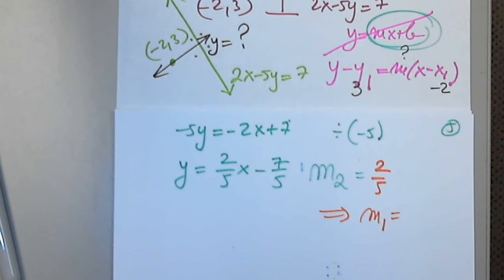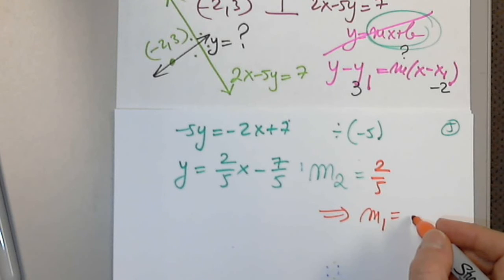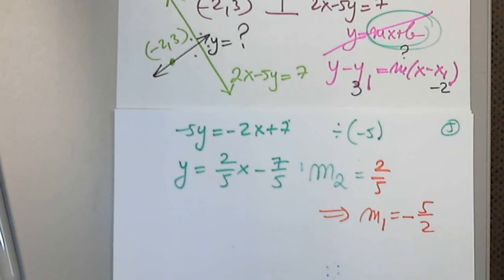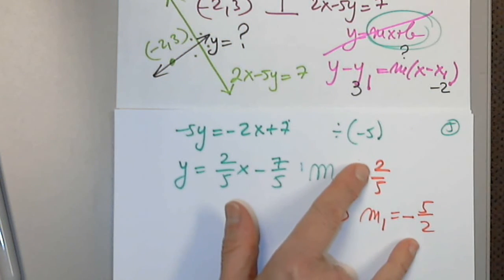The product cannot be 1. Negative. Exactly. It has to be negative 1. So negative 5 halves, that's it. Remember, it's the negative multiplicative inverse. The product must be negative 1.